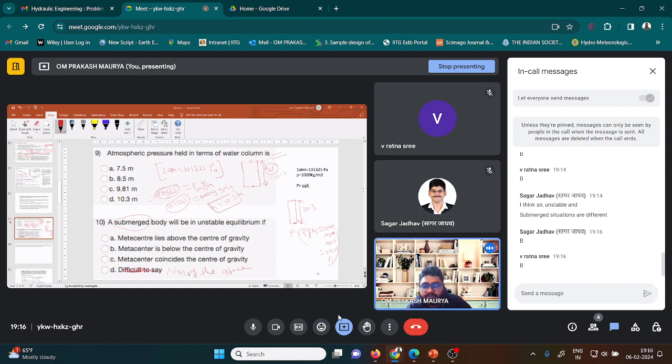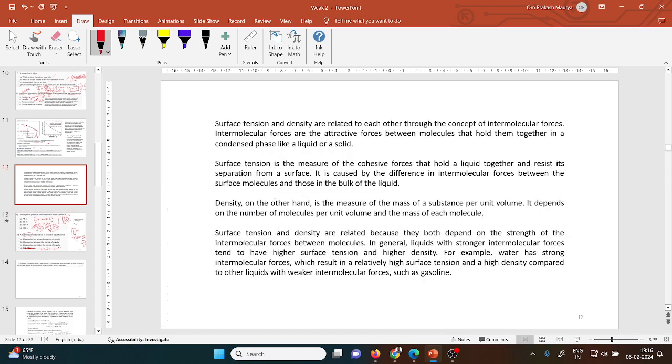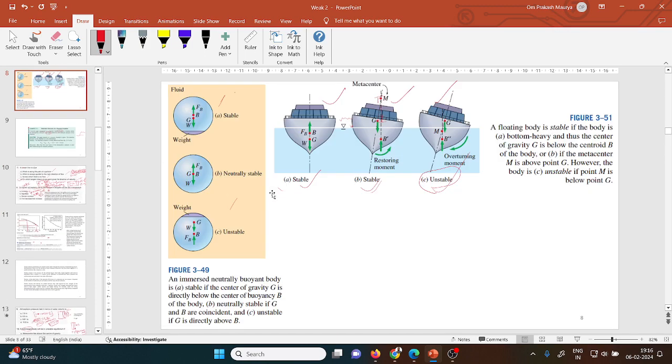Let me go on to the other. Yes, in the case of a floating body, the metacenter point comes into the picture.